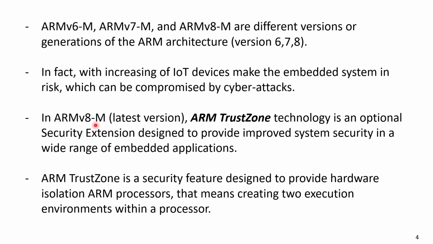That means the M version with the S supports ARM TrustZone technology, a security feature to provide hardware isolation in the processor. That means creating a trusted execution environment inside a processor. I will explain more detail in the next section.